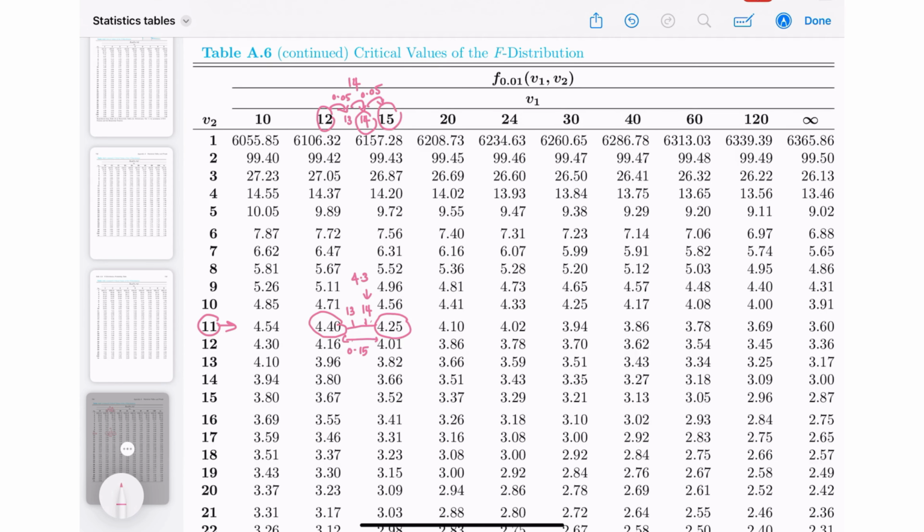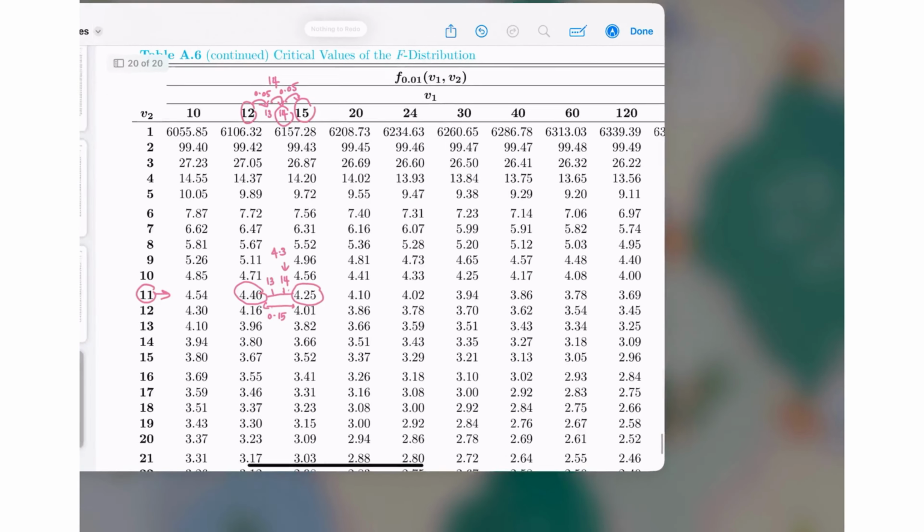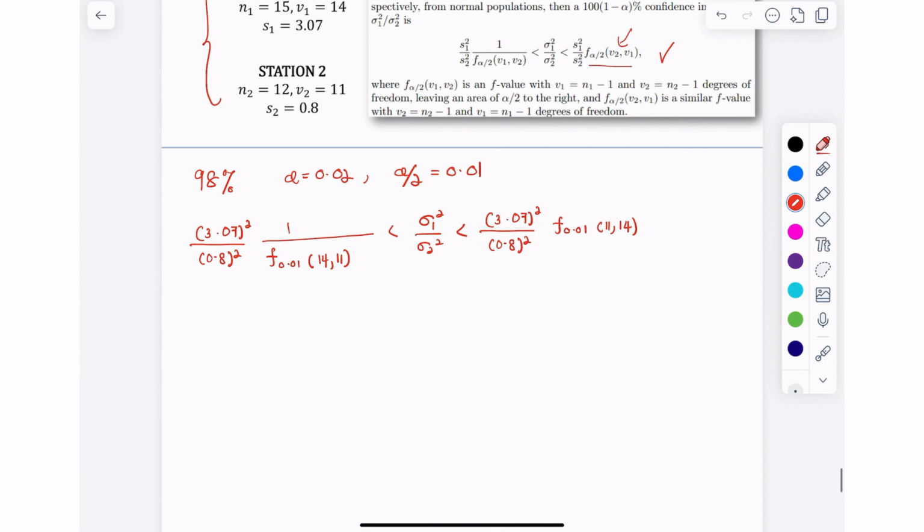So we use that value. So this is 1 over 4.3, less than the ratio of the variance.